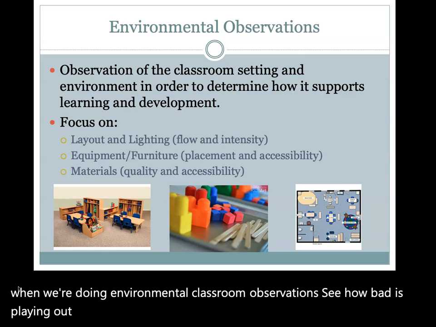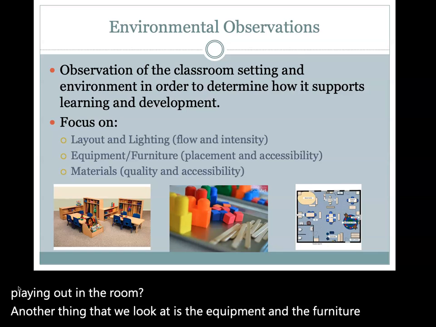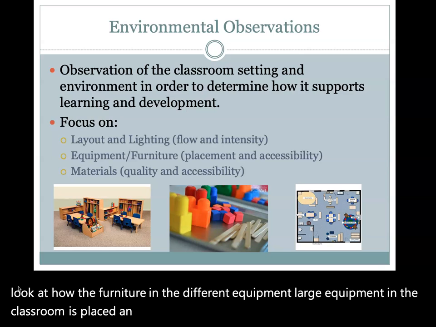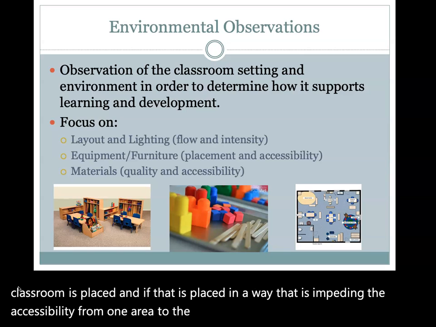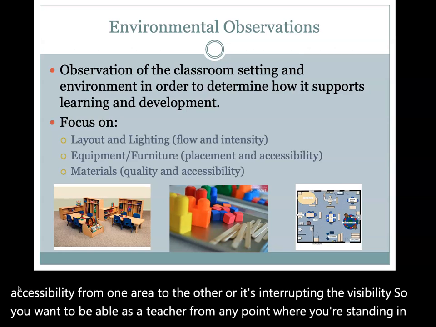Another thing that we look at is the equipment and the furniture. So we look at how the furniture and the different large equipment in the classroom is placed, and if that is placed in a way that is impeding the accessibility from one area to the other, or it's interrupting the visibility. So you want to be able, as a teacher, from any point where you're standing in the classroom to see the entire room.